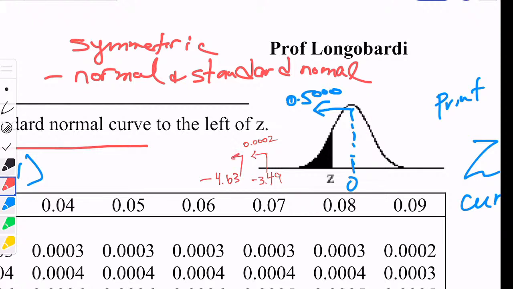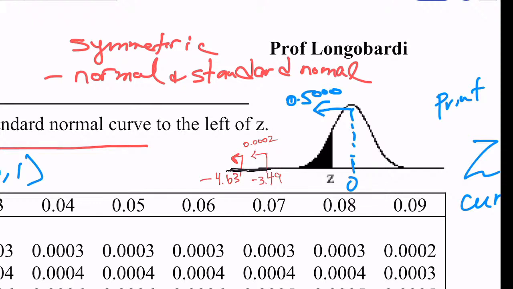So what's the chance of being left of that? What would you say? If you're using the table, anything that's off the table has to be considered with some common sense.